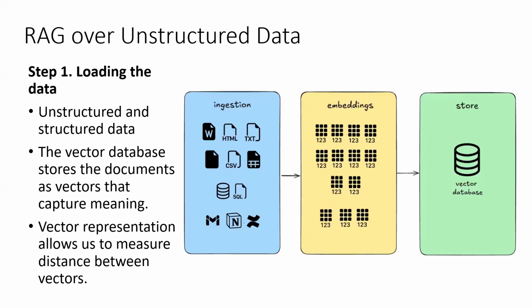As I said, our first step is to load the data into the system. We need to extract the information out of these structured and unstructured data. Then, once we fetch the content out of these files, we need to create vector embeddings so that we can store them in a vector database for similarity search.